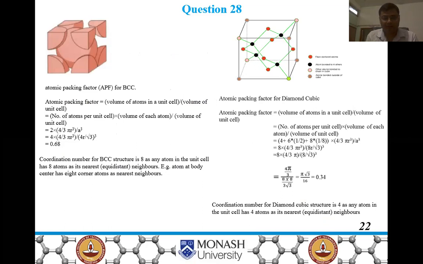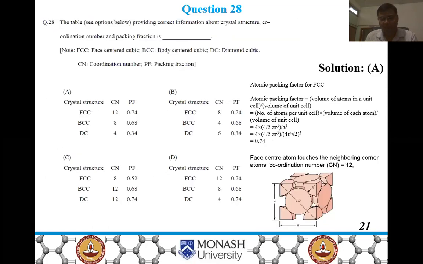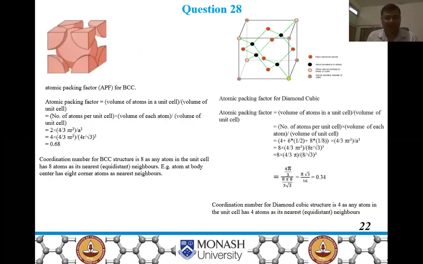Now the atomic packing factor for BCC will be equal to volume of atoms in a unit cell divided by volume of unit cell. So the number of atoms per unit cell in BCC is 2, because 1 in the center and 8 into 1 by 8 for corner atoms.